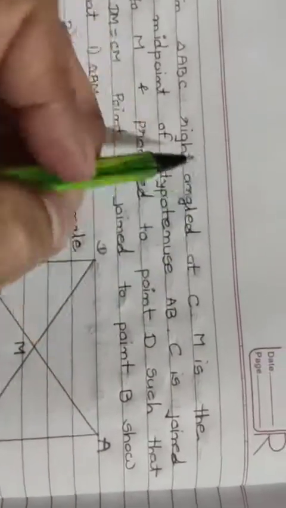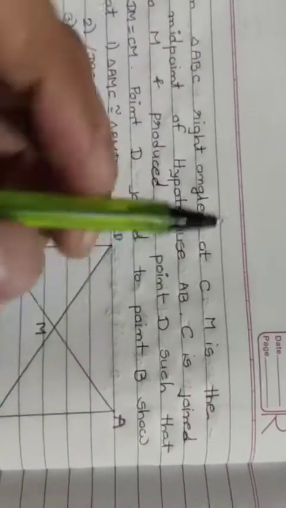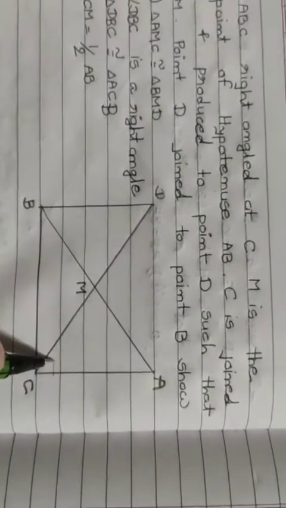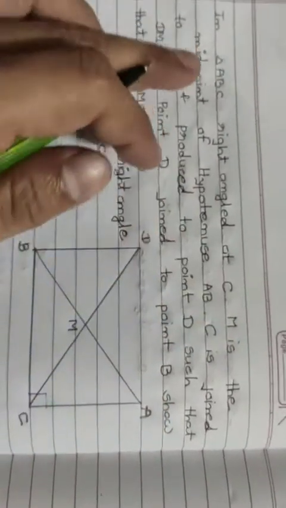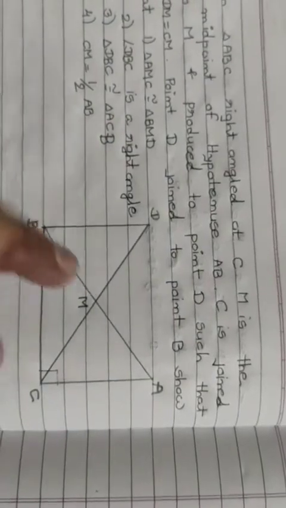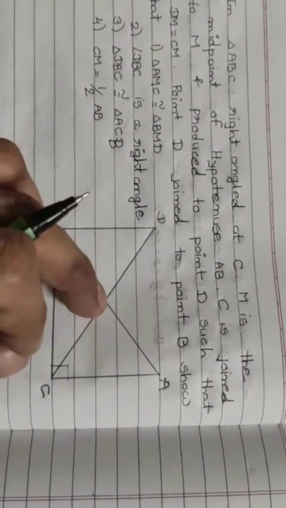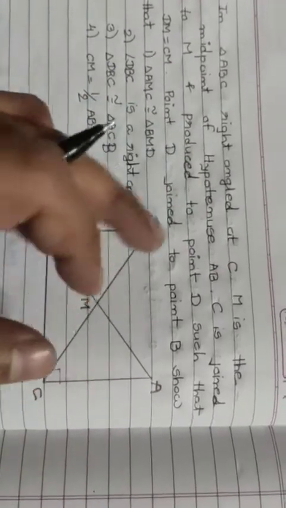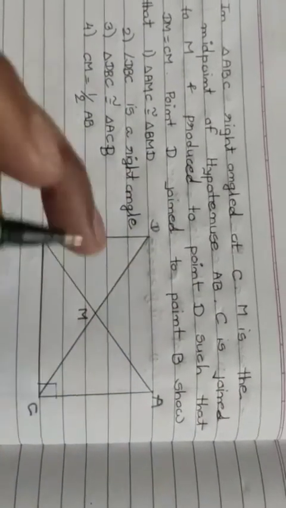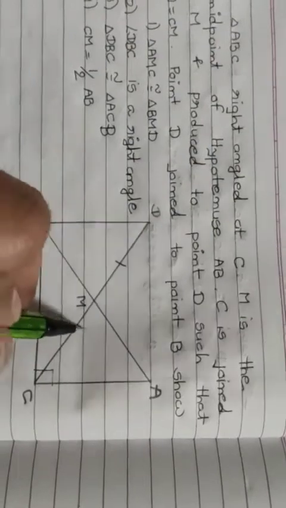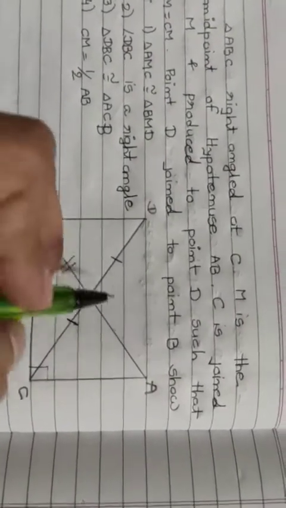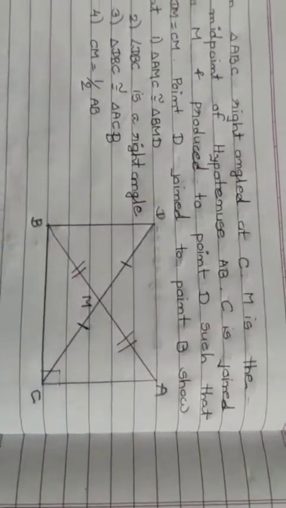Now in triangle ABC, right angle at C, that means this is a right angle, and M is the midpoint of hypotenuse AB, and C is joined to M and produced to point D such that DM is equal to CM, that means these two are also equal, and M is midpoint of AB, that means these two are also equal.